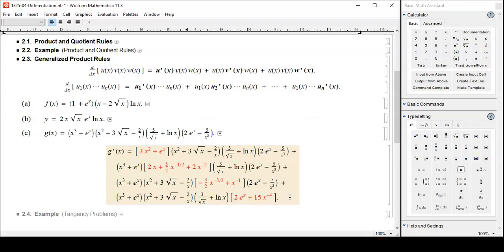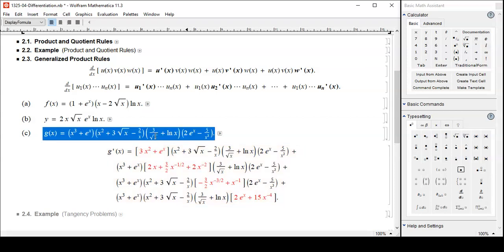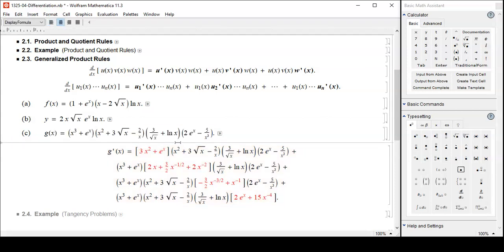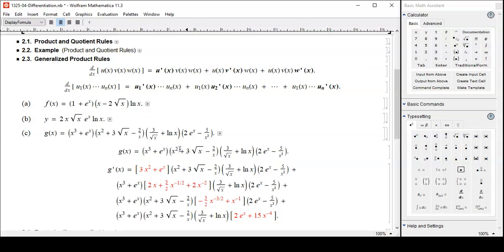Well, I did the individual derivative computation rather quickly. And maybe it would have been better if I converted all these into power forms first.